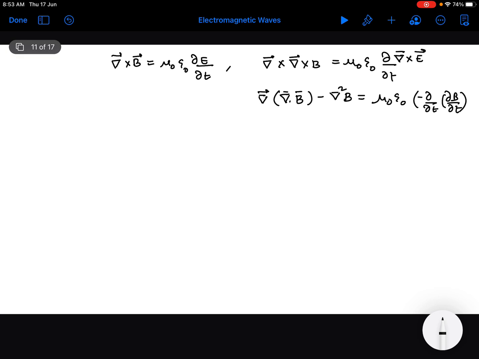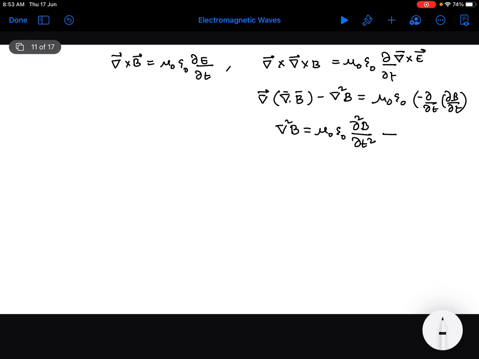So we get del square B is equal to mu naught epsilon dou square B by dou t square. This is the wave equation for the magnetic field.